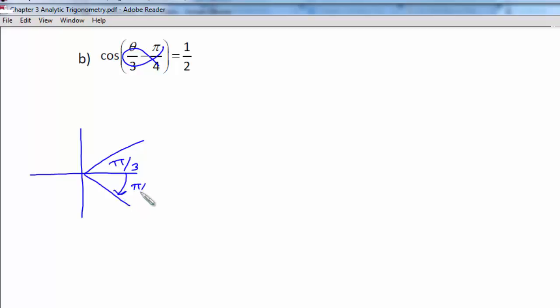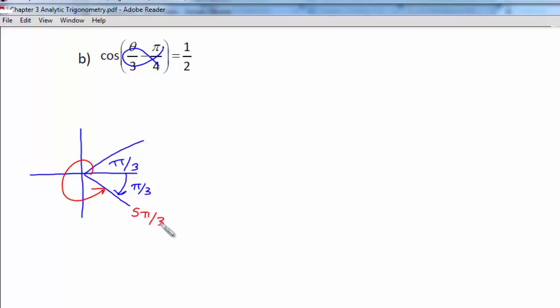So what would this angle be? 5 pi over 3, right? 2 pi would be 6 pi over 3, so if we subtract pi over 3, we get 5 pi over 3.